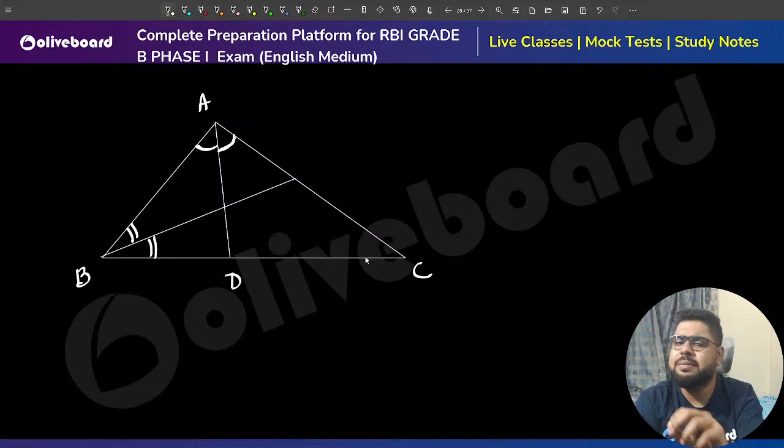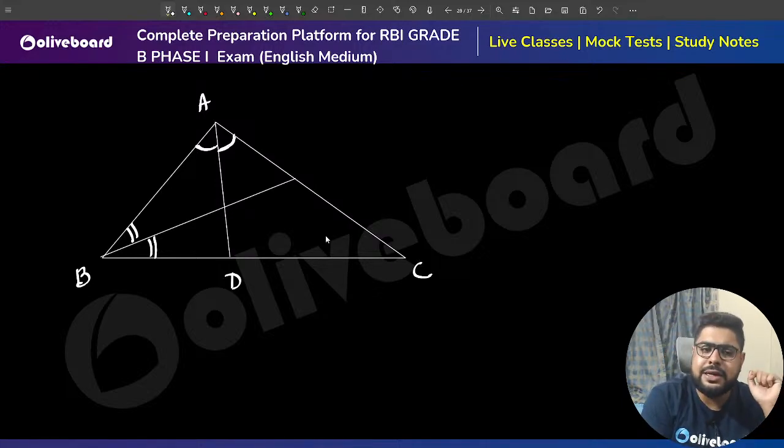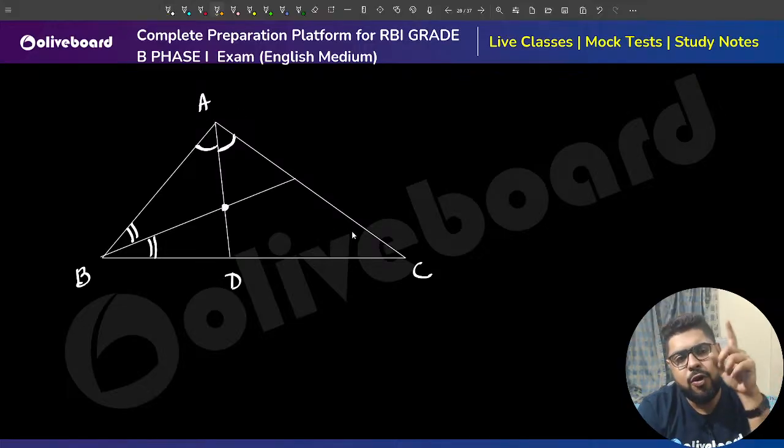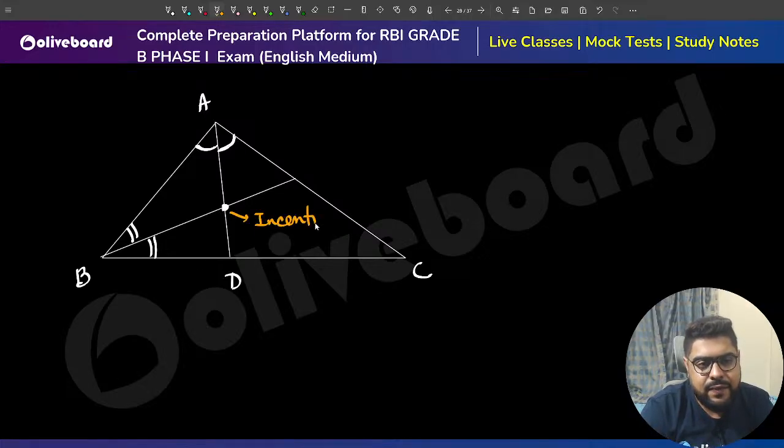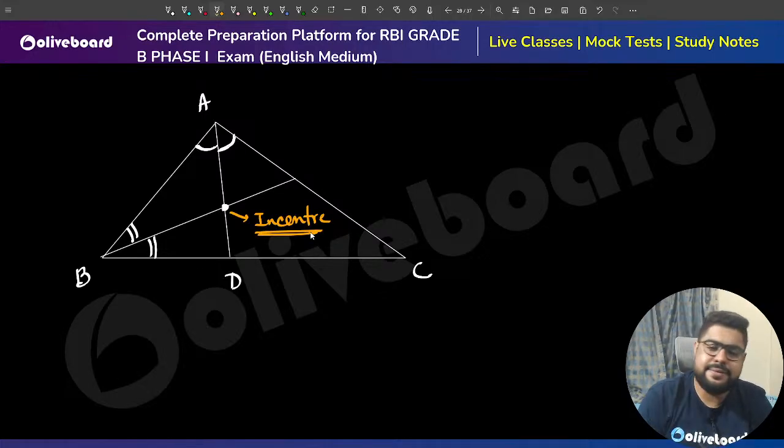Now, there is a theorem that if you draw the third angle bisector, it will also go through this point of intersection. And this point where all three angle bisectors of a triangle intersect is called an in-center.